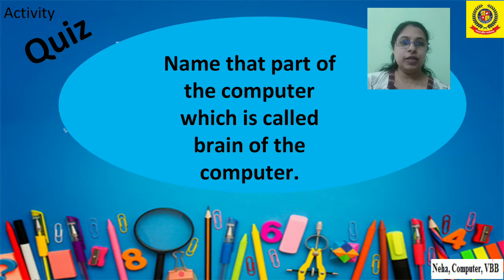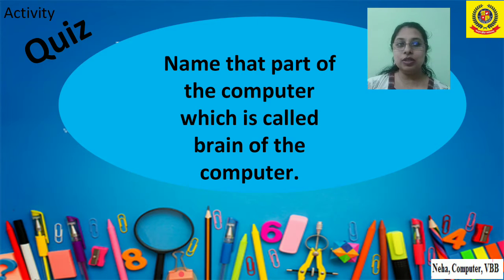Now you have to tell me the answer to this quiz. Name the part of the computer which is called the brain of the computer. Yes, can you guess the name? Do you know that we human beings have brains in our head which help us to do all the work?